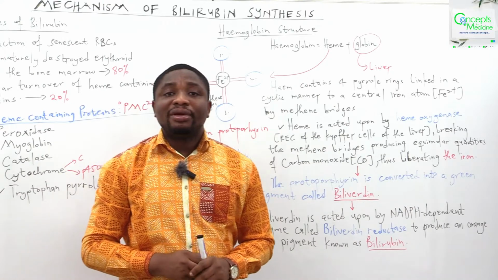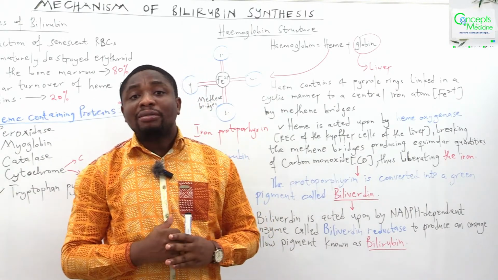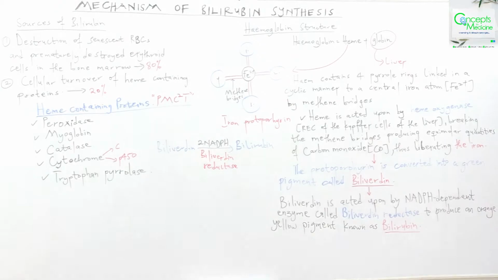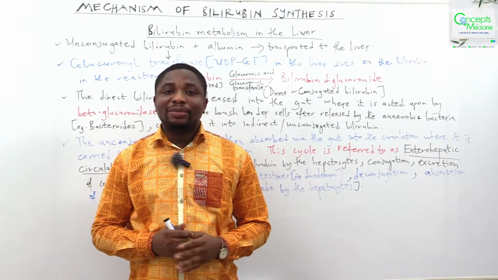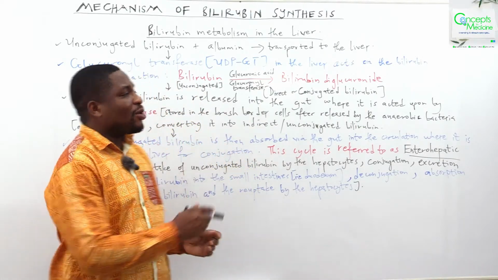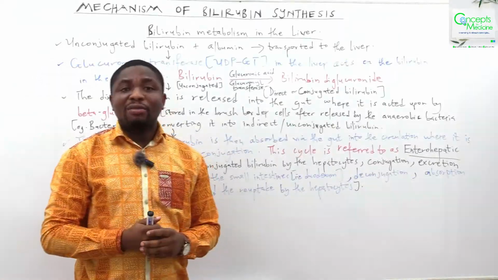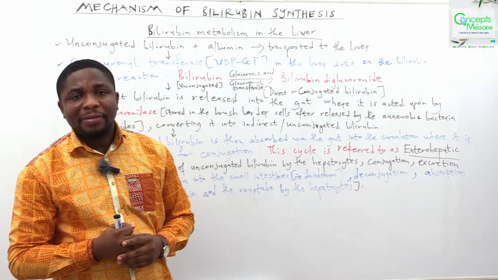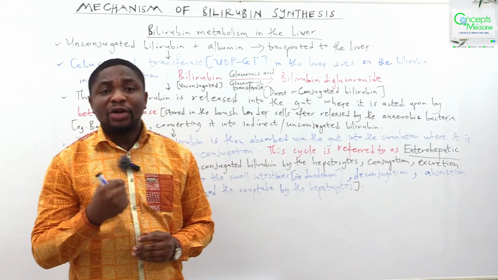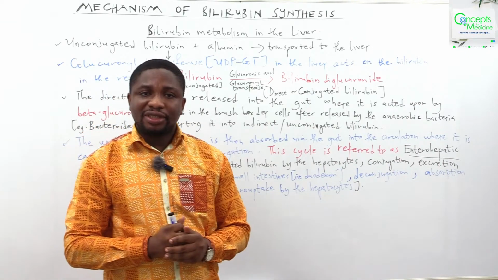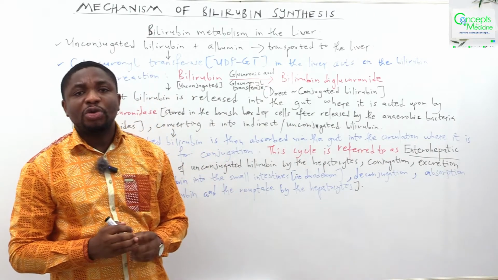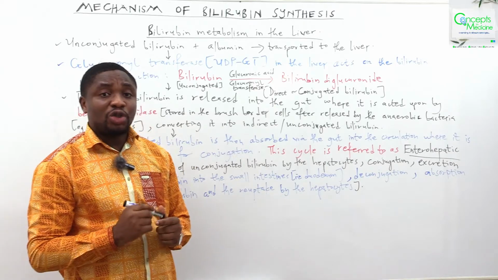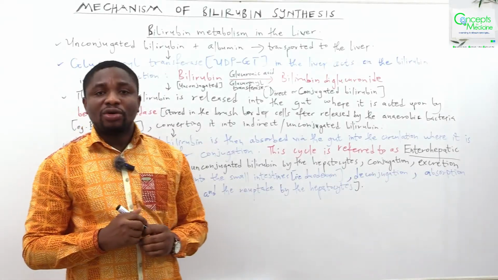The next thing we'll be talking about is how bilirubin is metabolized in the liver. The unconjugated bilirubin binds to albumin, where it is carried to the liver. Once carried to the liver, the enzyme produced in the liver known as glucuronyl transferase, which belongs to a class of enzyme we call uridine diphosphate glucuronyl transferase, acts on this unconjugated bilirubin to cause its conjugation.